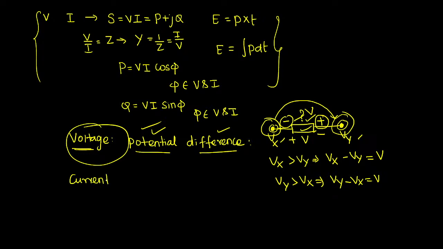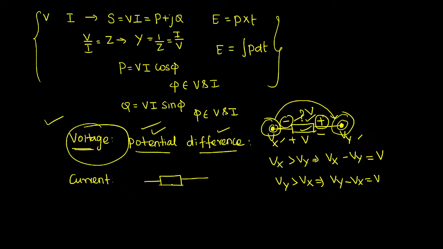So basically, how will you identify the direction of the current? See, first we understood how to find out the potential difference or the voltage, right? Fine sir. Now the question is, how do I identify the direction of the current in any branch? Take some branch. Similarly, the same procedure.